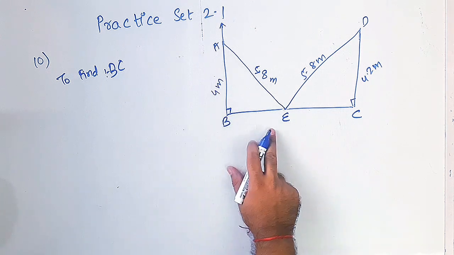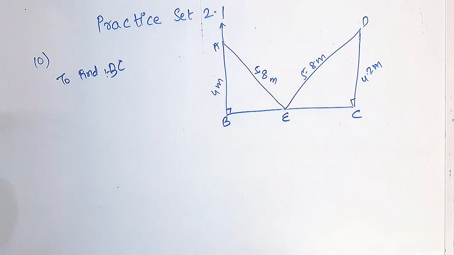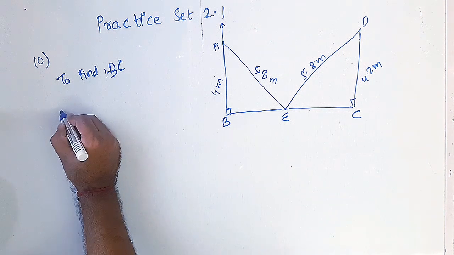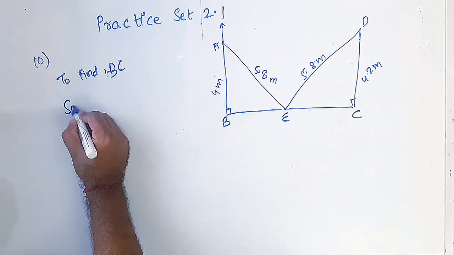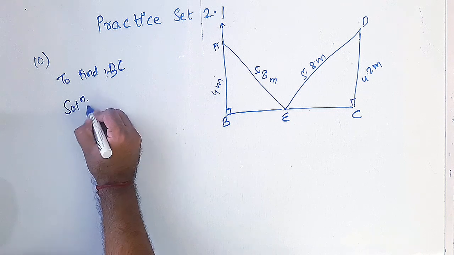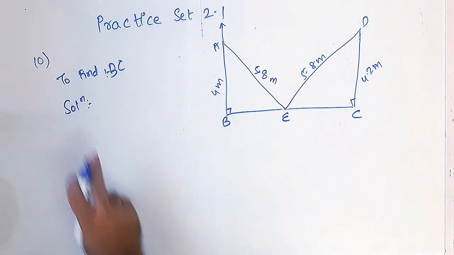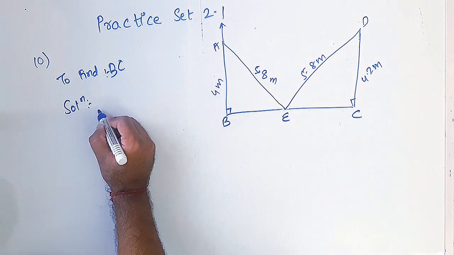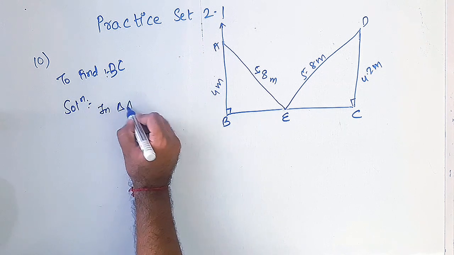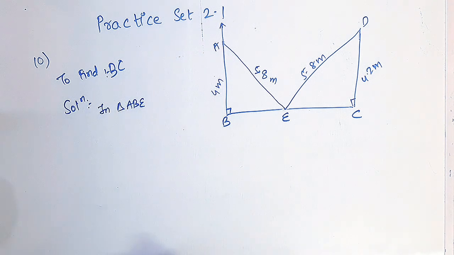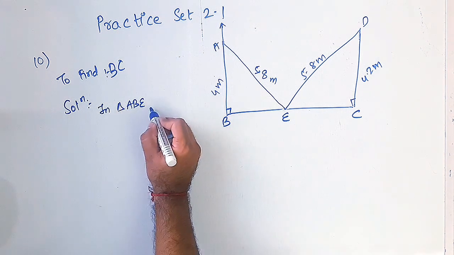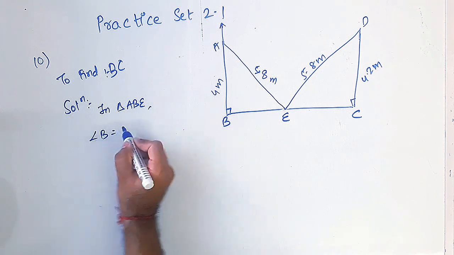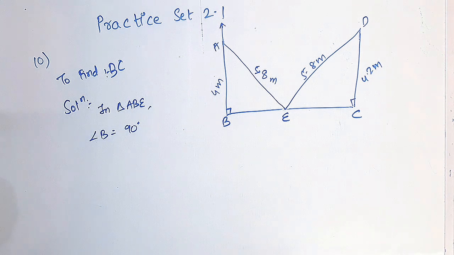Building is always perpendicular to the ground, it is exactly 90 degree. Whenever it says to find, it has to be followed by solution, not proof. Then let us say in triangle ABE, angle B equals 90 degree.